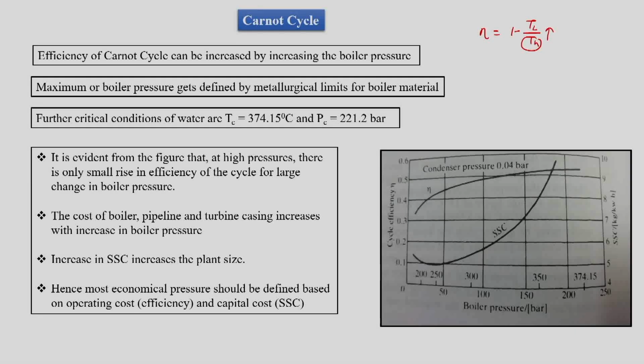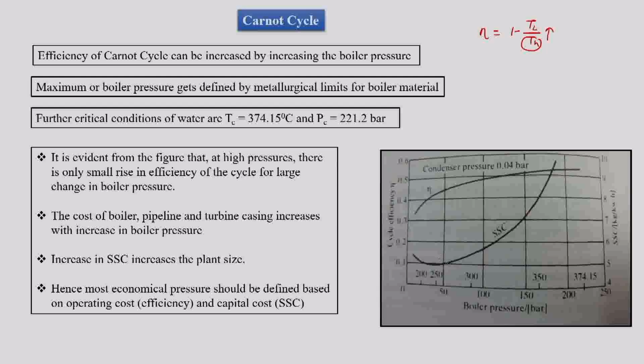But we have a problem that in case of increasing efficiency, we have to increase the strength of the components which are going to have stress under the boiler's high pressure. So the cost also increases, but at higher pressure there is not much increase in the efficiency. So we have to have a compromise between the increment in efficiency and the cost of fabrication of the components.